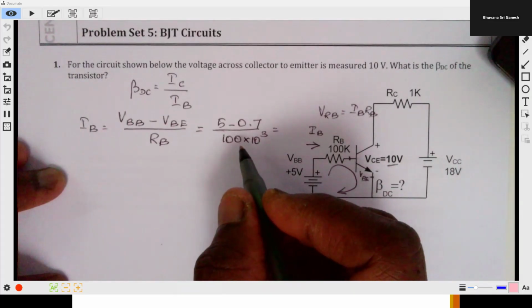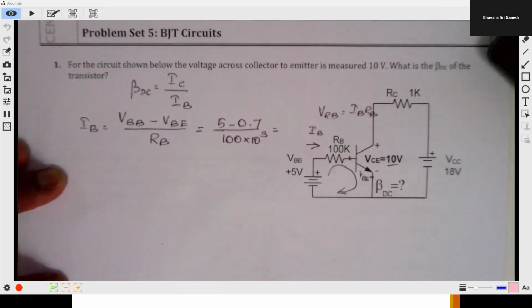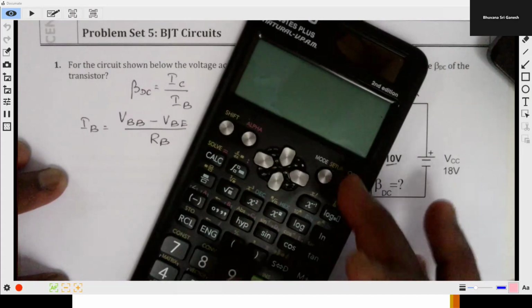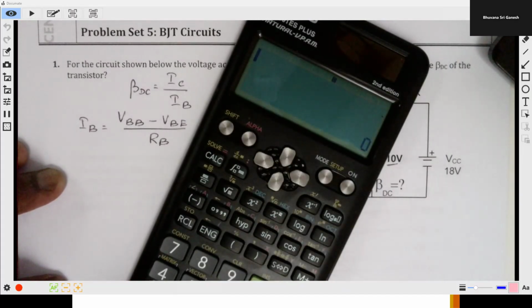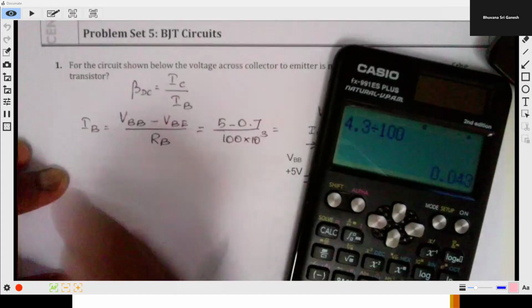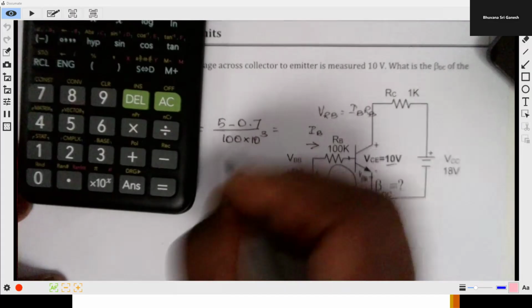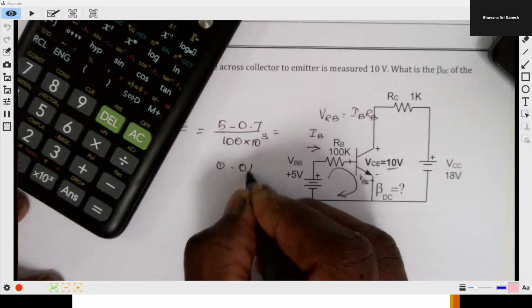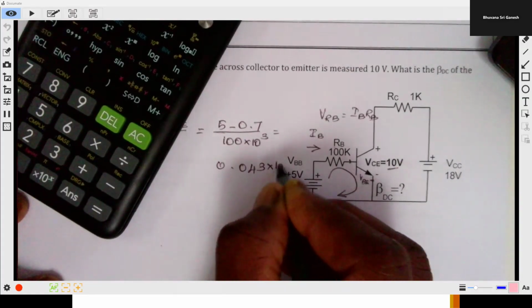So this is on the calculator: 4.3 over 100 is 0.043, right? So this is 0.043 times 10 power negative 3.